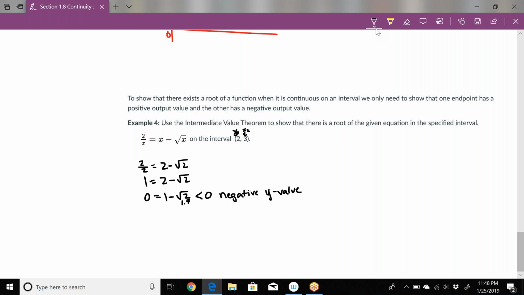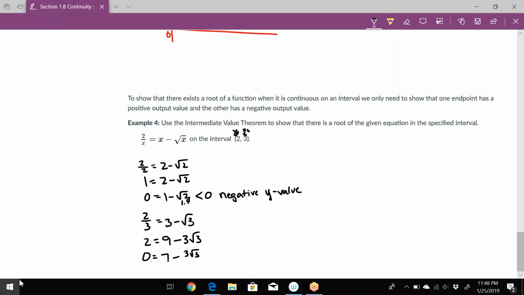And then if we plug in 3, this is 2/3 equals 3 minus the square root of 3. I would multiply everything by 3 to clear out that fraction, and then subtract over the 2. So that's 7 minus 3 times the square root of 3. And we just need to know if that is bigger than 0.